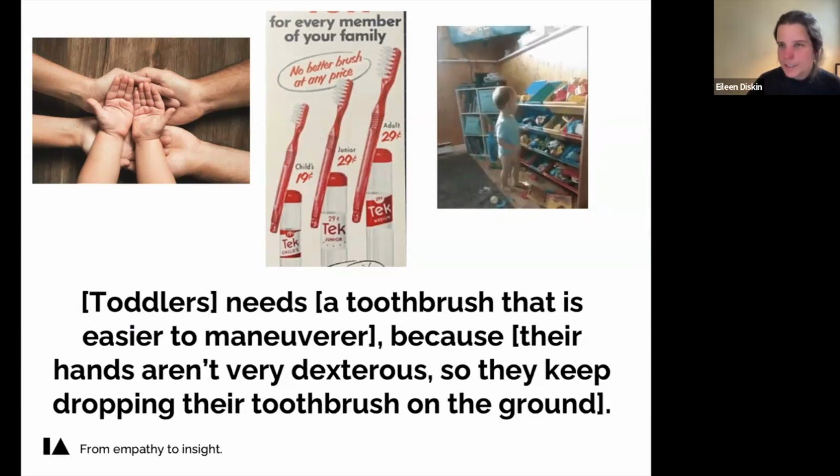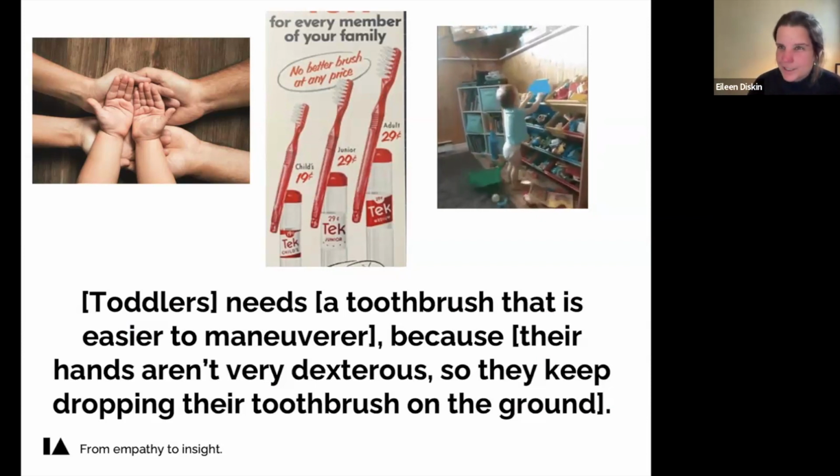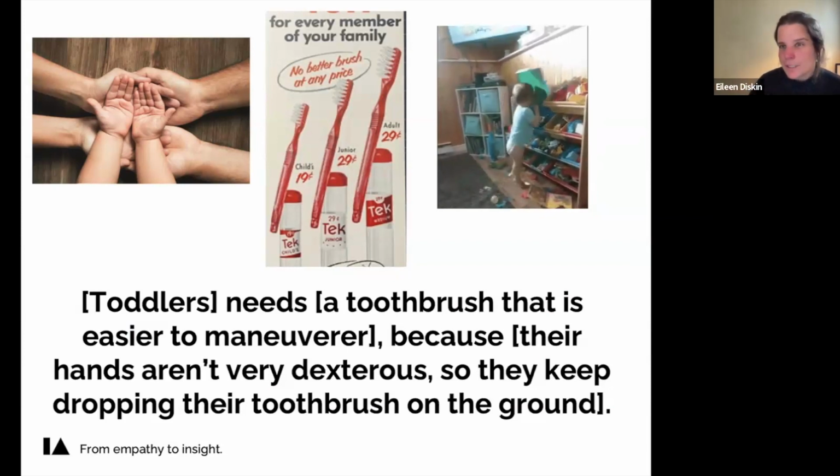So you've got your user group there, the toddlers, they're the people that you're designing for. You've got their need, which the designers learned, was for a toothbrush that is easier to maneuver because their hands aren't very dexterous. This is a key insight. This is the why. So they keep dropping their toothbrush on the ground.